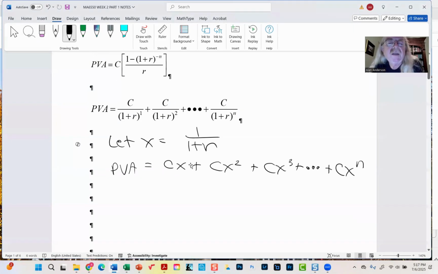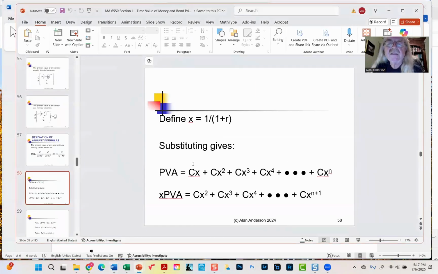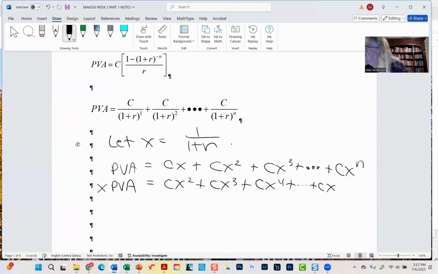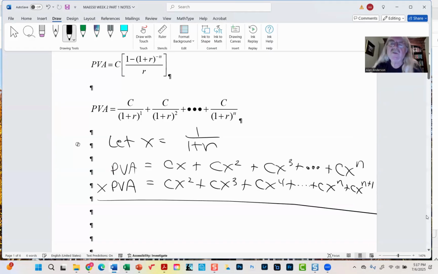Now, if we multiply PVA by X, we'll get CX squared plus CX cubed plus CX to the fourth plus and so on. Now we're going to subtract one from the other.